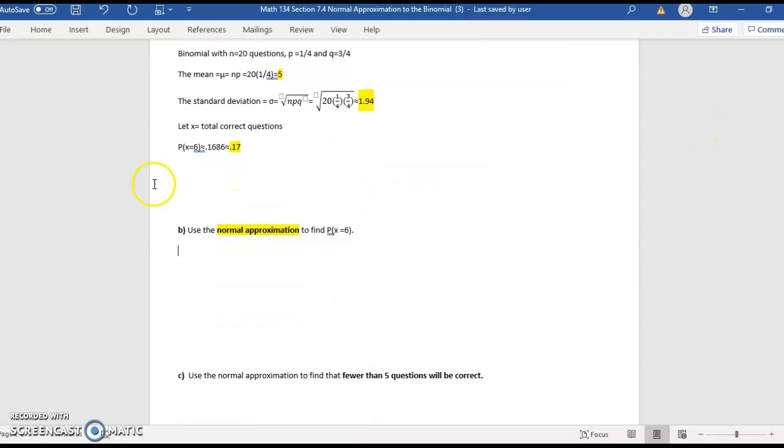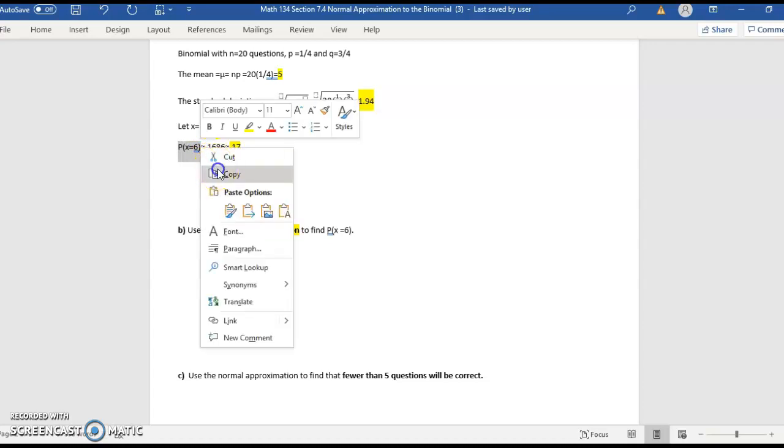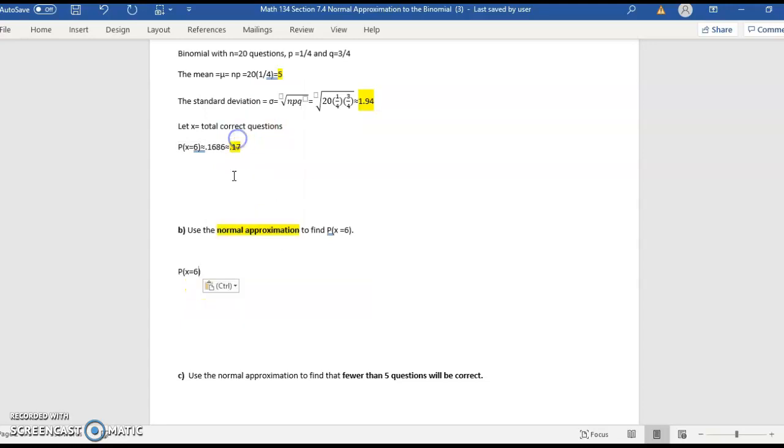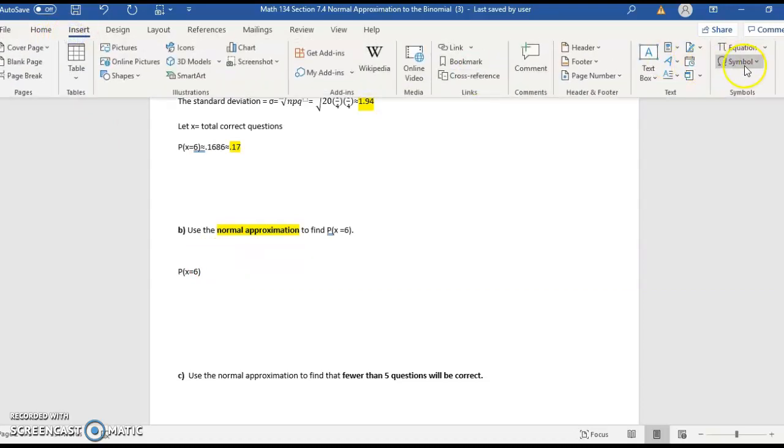So for this problem, we're still going to be evaluating the probability of x is equal to 6 as we do the normal approximation. In this case, I'm just going to write it as approximately.